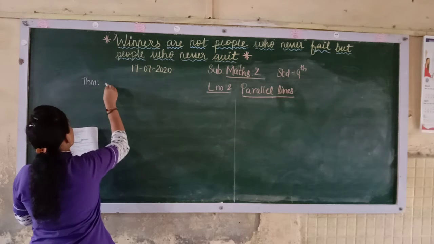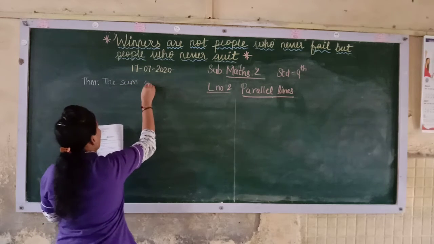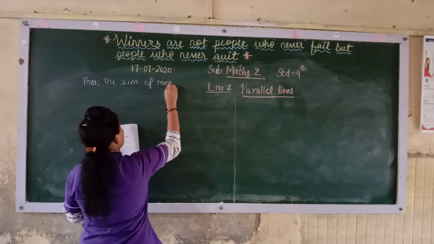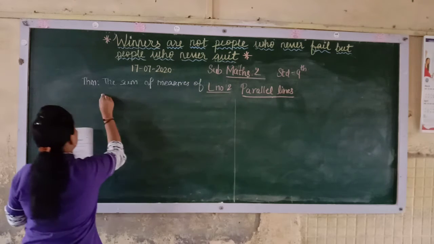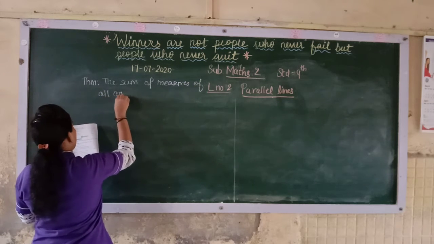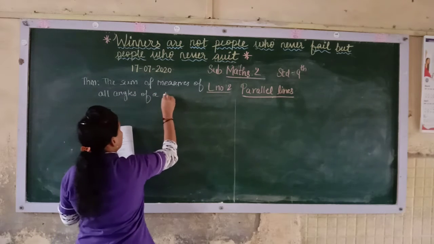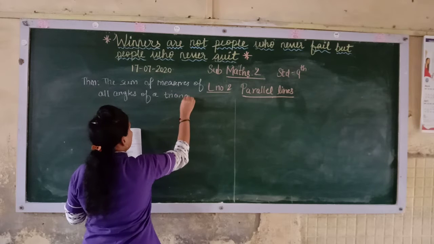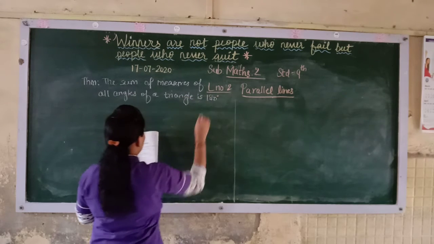So the theorem is: the sum of measures of all angles of a triangle is 180 degrees.